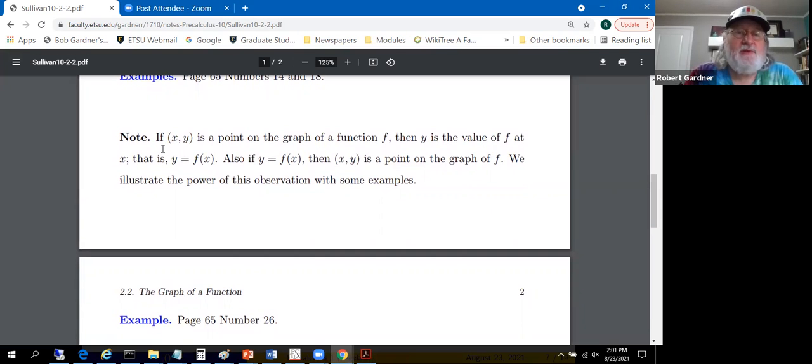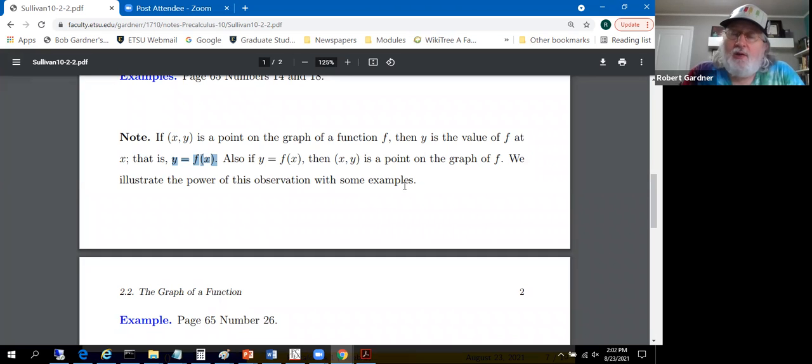Another little statement: if (x, y) is a point on the graph of function f, then y is the value of f at x, that is y equals f of x. So I stated this verbally earlier, but that's how you relate the geometry of the graph to the algebra of the equations. And conversely, if y equals f of x, then (x, y) is a point on the graph.